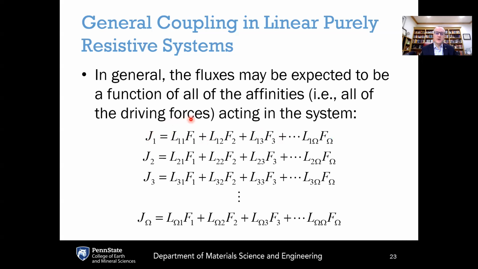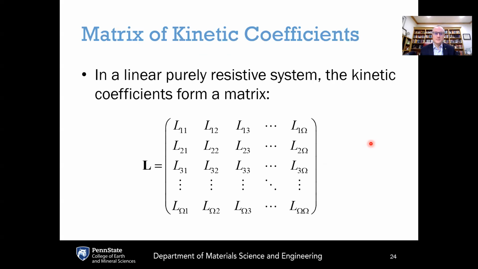So this would be J1, the impact of its own affinity here, F1, with its kinetic parameter L11, the impact of the affinity of the second thermodynamic parameter, F2, with the coefficient L12, the third parameter, and so on through the omega parameter. And so we set up then this system of linear equations that can describe all the fluxes for all the thermodynamic parameters in terms of all combinations of affinities.